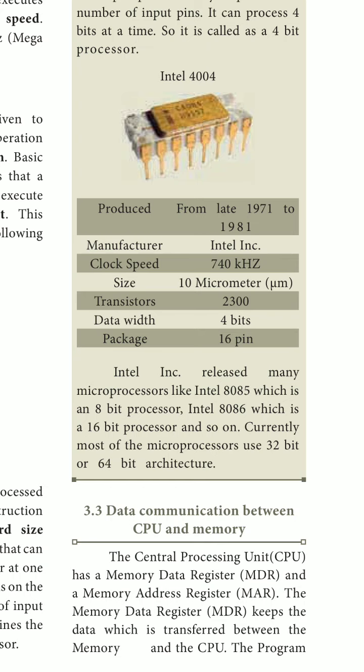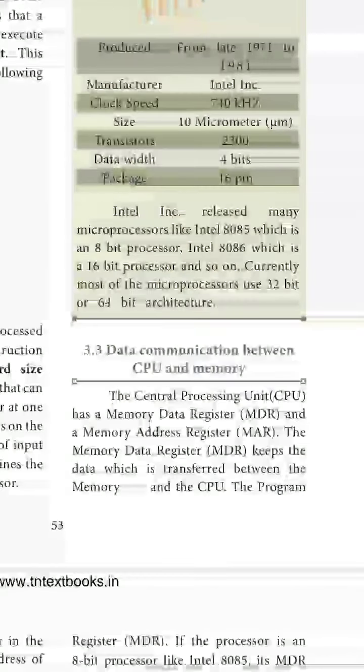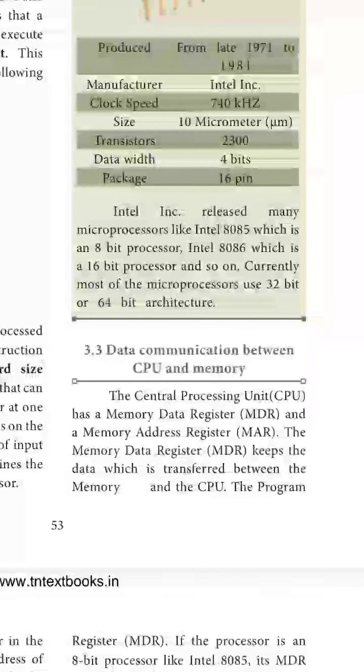So 8 plus 8 is 16: one side has 8 pins and the other side has 8 pins, so 16 pins. Intel Corporation released many microprocessors like Intel 8085, which is an 8-bit processor, Intel 8086, which is a 16-bit processor, and so on. Currently, most microprocessors are 32-bit and 64-bit architecture.